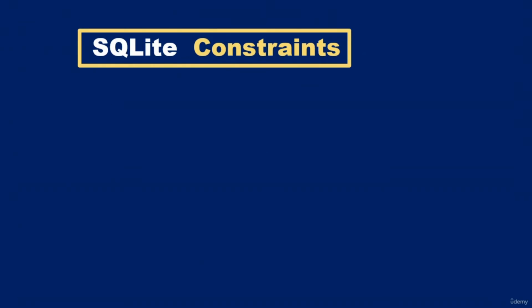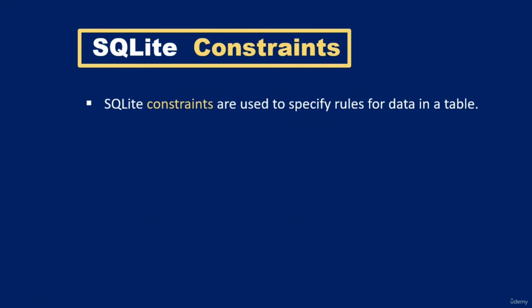Hello there. In this video, I'll be giving you a brief introduction to some of the SQLite constraints. SQLite constraints are used to specify the rules for the data in a database table.